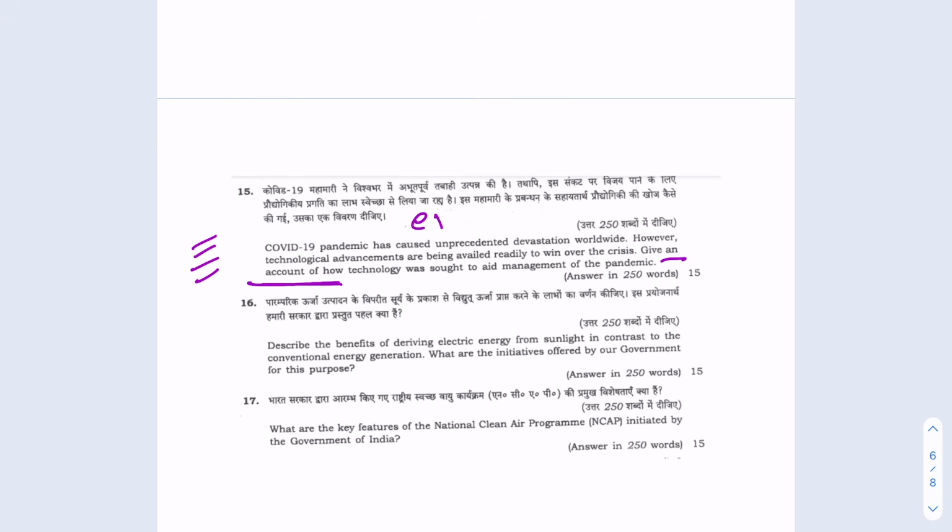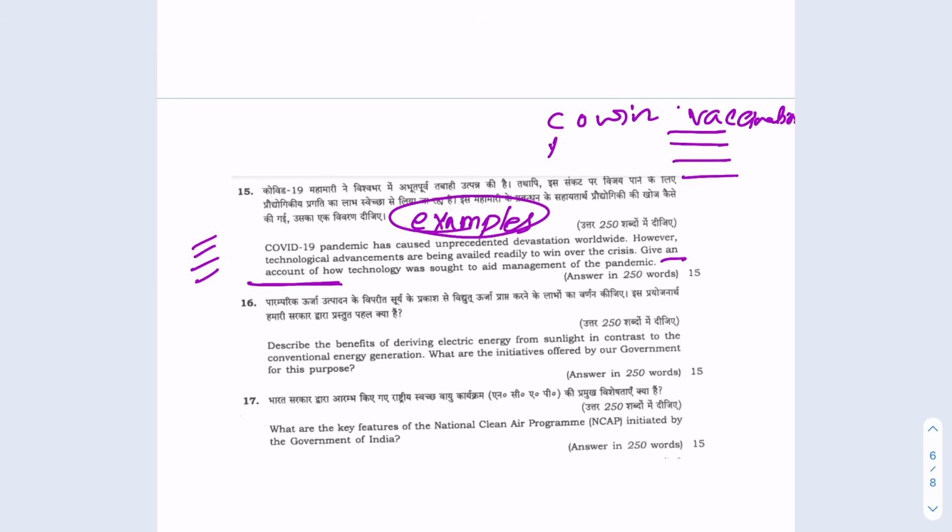Given account means you can give examples also, right? And you can just give points on how the COVID app was developed for vaccination, right? Then how tracing was done using GPS technology, all this you can provide. Then there is the Arogya Setu app. Okay, so all these examples along with the points that you're providing.